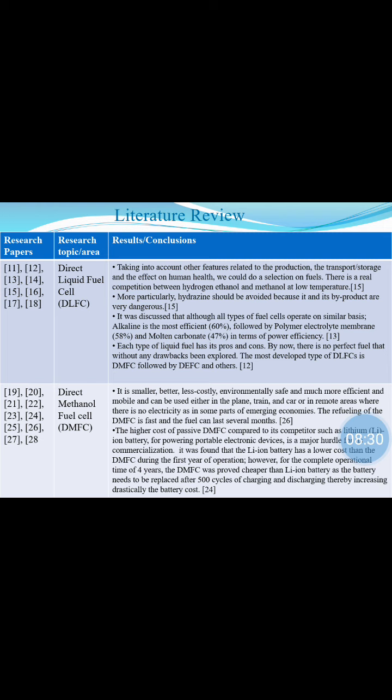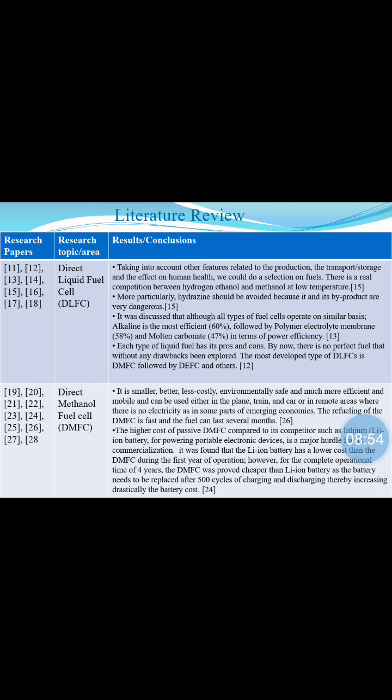But as we already discussed, polymer electrolyte membrane fuel cells are more popular because of their easy start and stop character. Then the most developed type of DLFC is the direct methanol fuel cell, followed by the direct ethanol fuel cell. Different researchers have already worked on methanol.